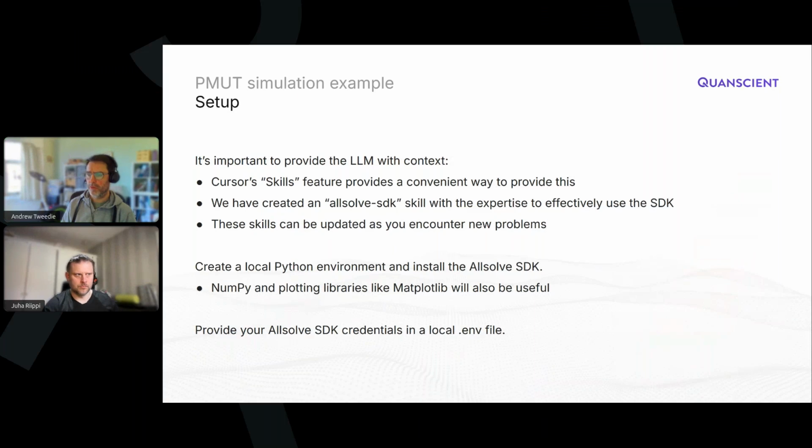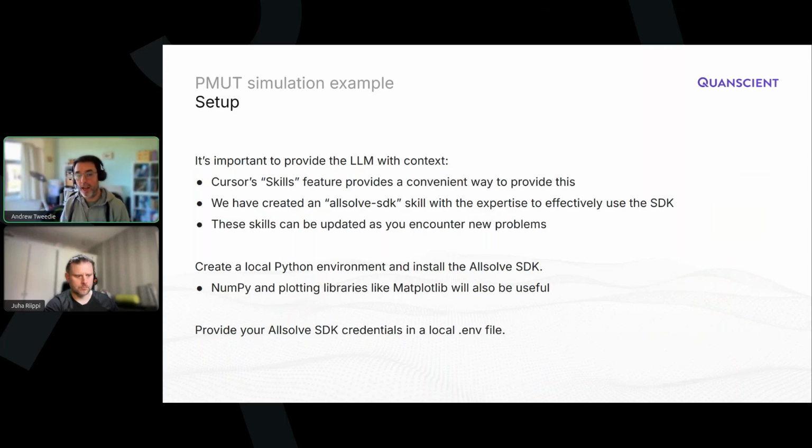So one of the things to touch on at the start is the setup of the workspace within Cursor. One crucial thing, whether it's in software development or simulation, for making good use of agents is to provide them with context.